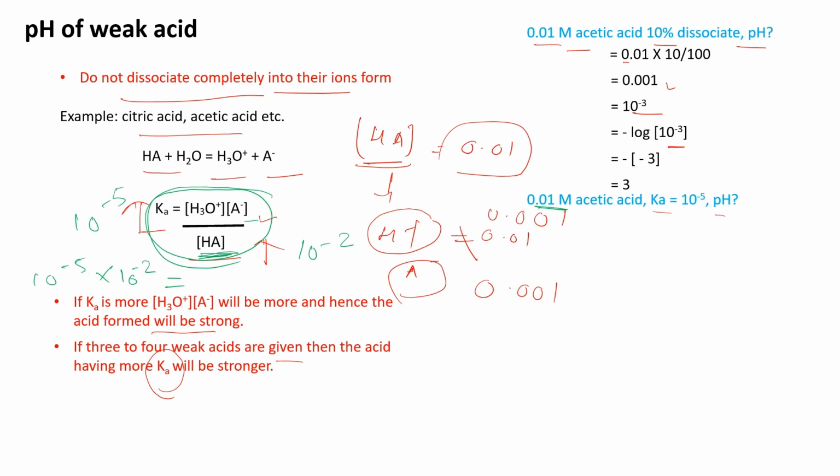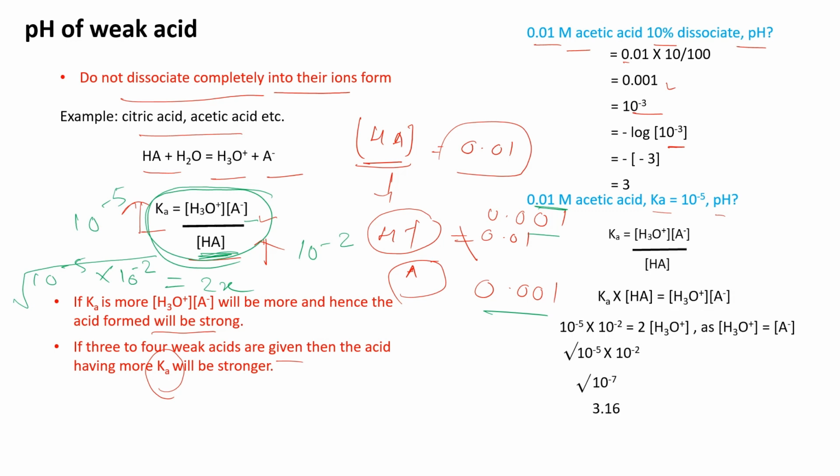Now here dissociation is not complete, so we cannot say what the concentration will be. But whatever the concentration is, it will be the same. If H plus is 0.001, A minus will also be 0.001. So these two concentrations are the same, so we can write x squared. Then how will we calculate x? It will be root over 10 to the minus 5 into 10 to the minus 2. Clear? So the value of the root is 3.16.